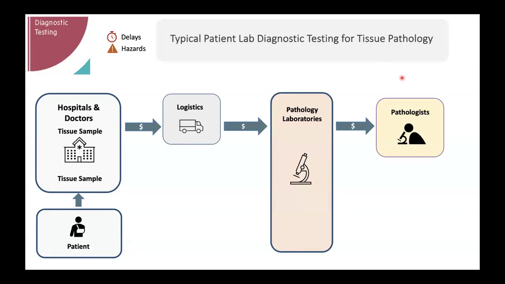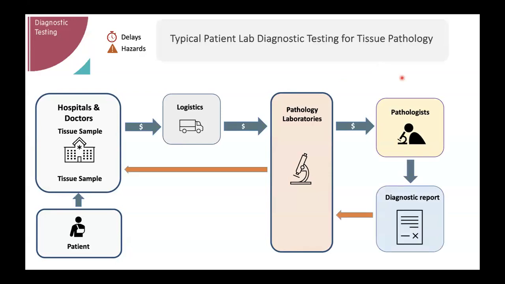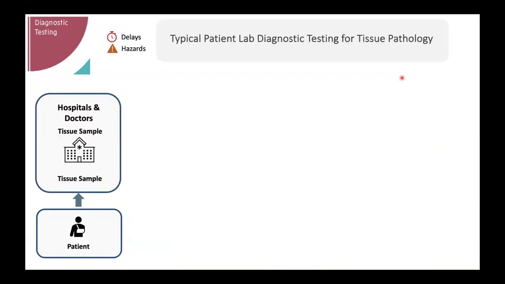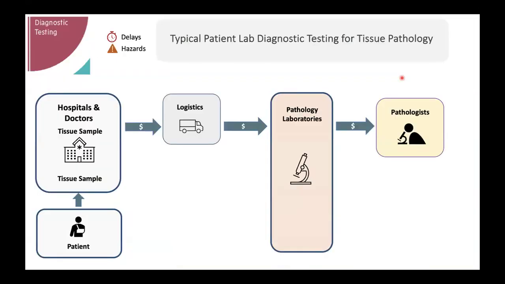They organize this workflow themselves. The hospital, probably the doctor, maybe the hospital administrator, will organize the logistics, choose a partner lab, and then choose the pathologist, sometimes specifying based on what they want, and then send the sample that way and pay everybody.